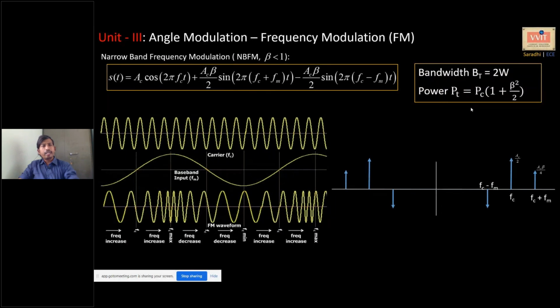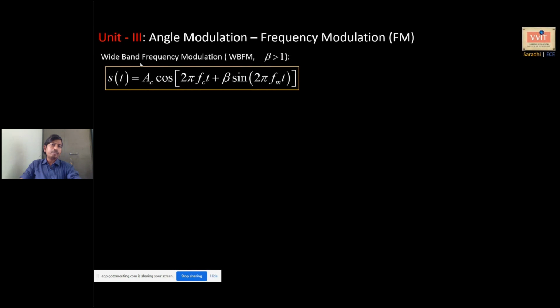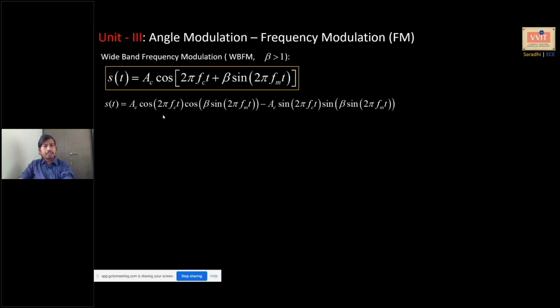Let us go for wideband FM. And what is wideband FM? Wideband FM is FM with beta greater than 1. Let us start again with the basic FM equation. If we expand this using the cos of A plus B formula, again we get the same expression, but this time we cannot substitute the approximations of cos theta and sin theta, because beta is greater than 1, so this expression is greater than 1, and the cos and sin of this depend on beta.